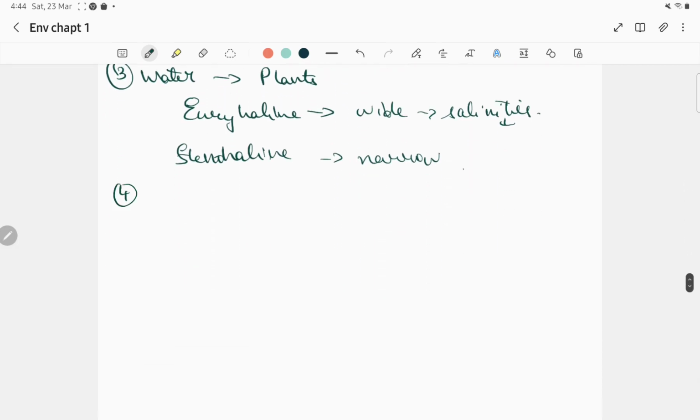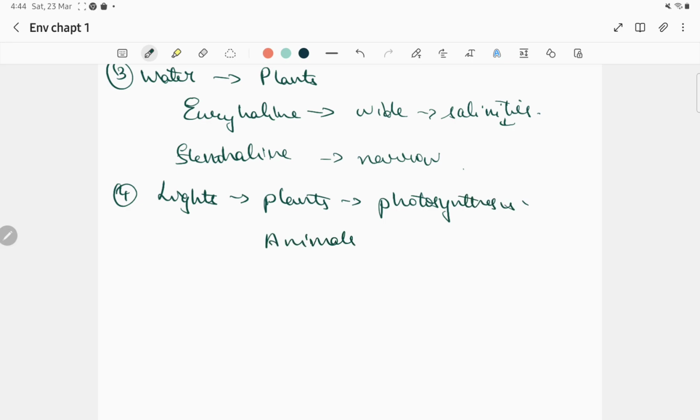The fourth component is light. How do plants and animals react to light? Plants require it for photosynthesis, a very important one. Animals also, light is important, especially for aquatic animals, up to the depth where the light reaches.